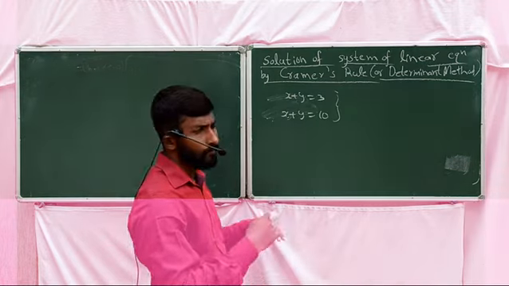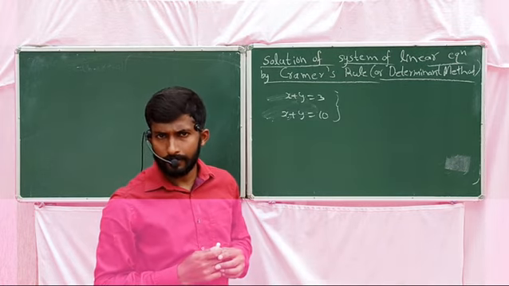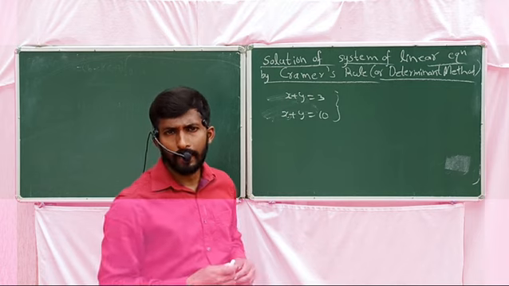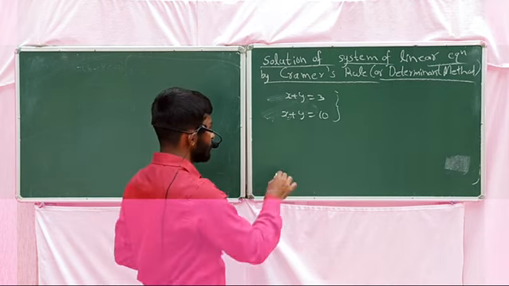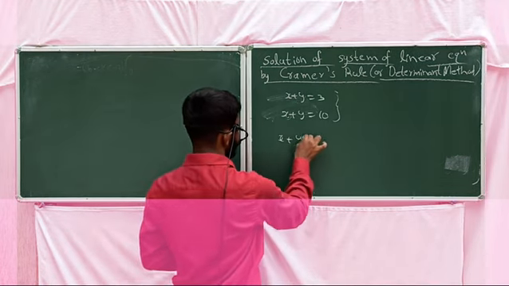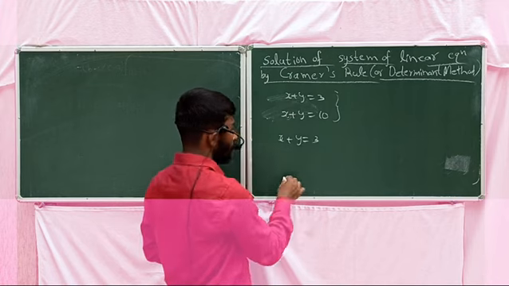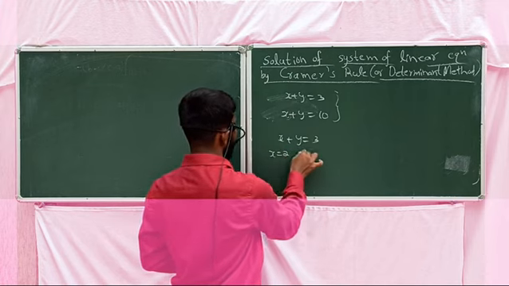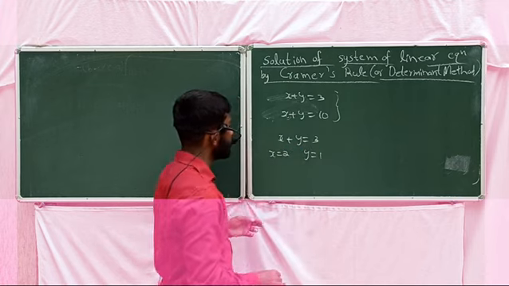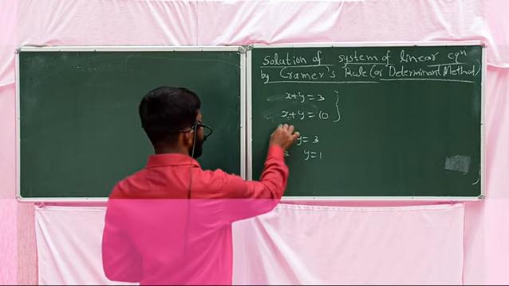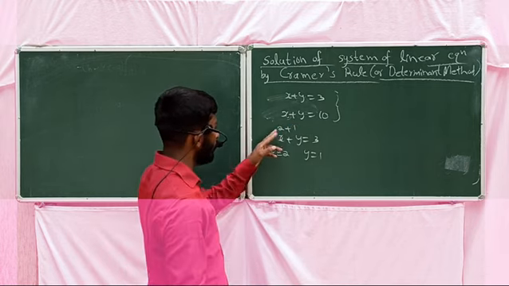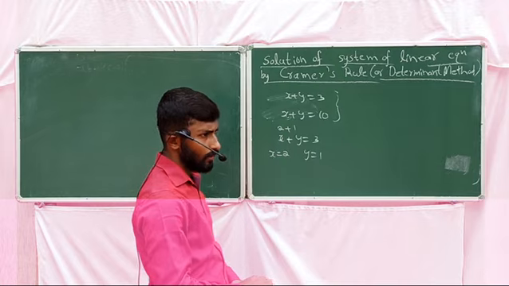Then the solution for a system of linear equations. What's the meaning of a solution for a linear equation? Suppose, see, x plus y is equal to 3. Suppose you are taking x is equal to 2 and y is equal to 1. Substitute x is equal to 2 plus y is equal to 1, 2 plus 1 is equal to 3.